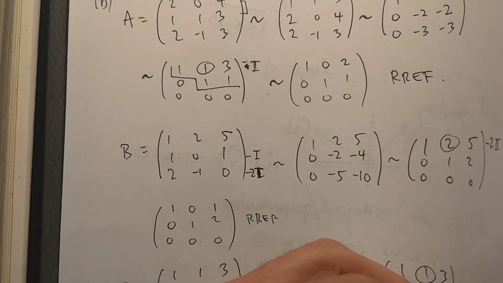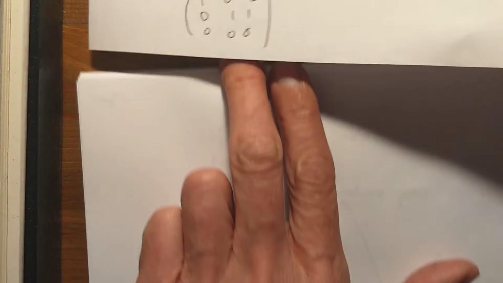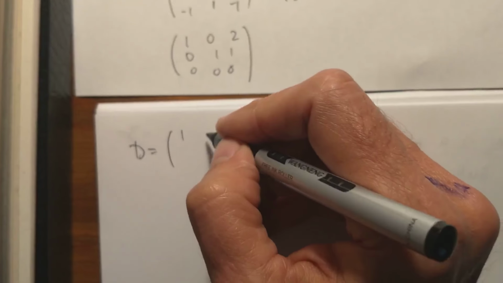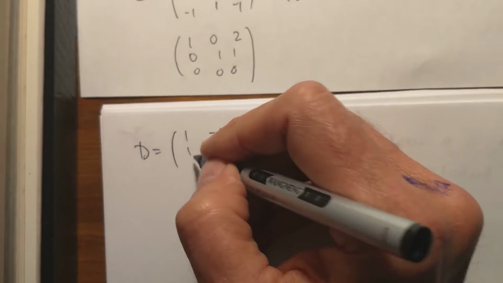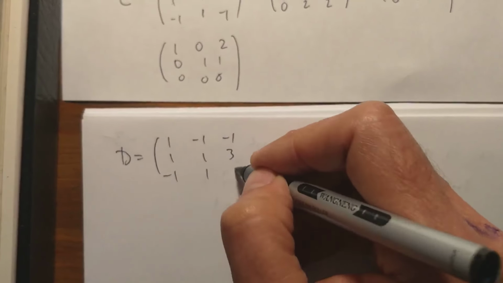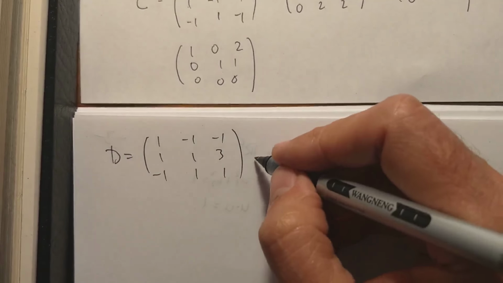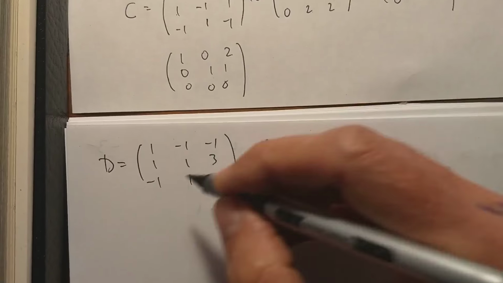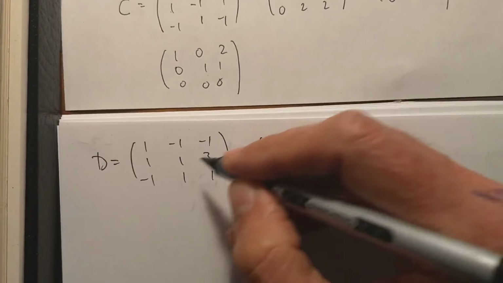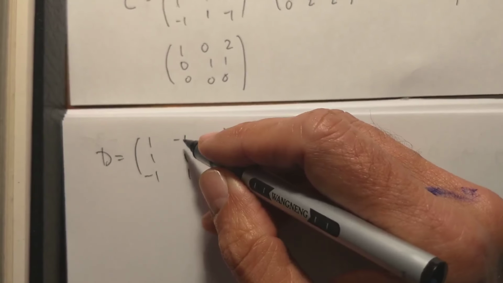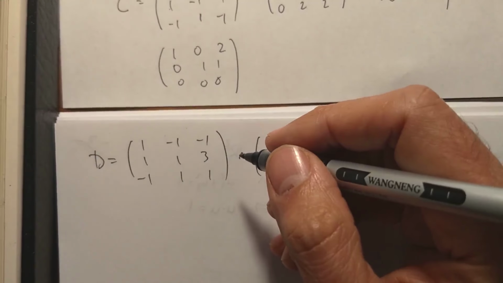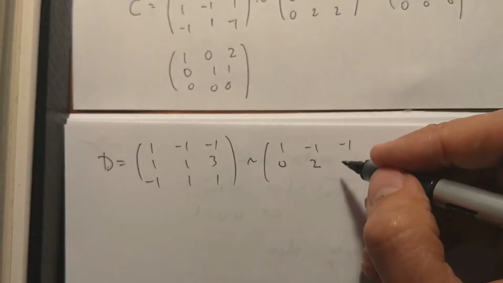And the last one is D: 1, minus 1, minus 1, 1, 1, 3, minus 1, 1, 1. So this is row equivalent to, let's subtract the first from the second. 1 minus 1 is 0. 1 minus minus 1 is 1 plus 1 is 2, 3 plus 1 is 4.